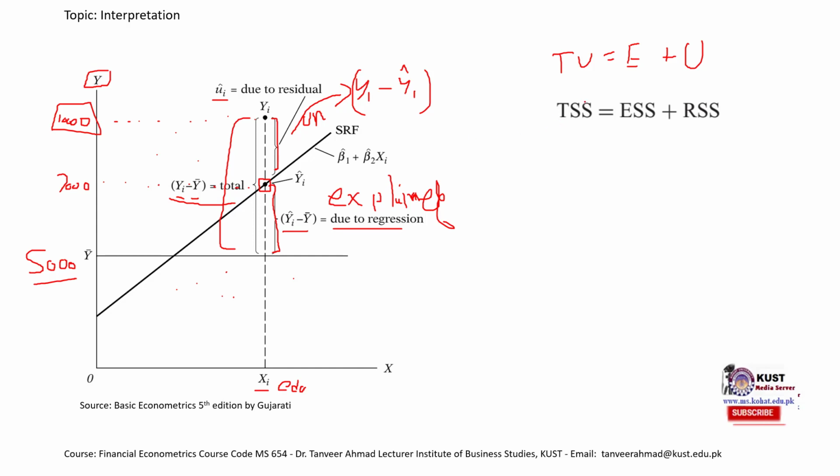So due to some reasons we take the square of these variations. So now instead of total variation we have total sum of squares. So we have this square over it, then we have explained sum of squares, and then we have residual sum of squares.